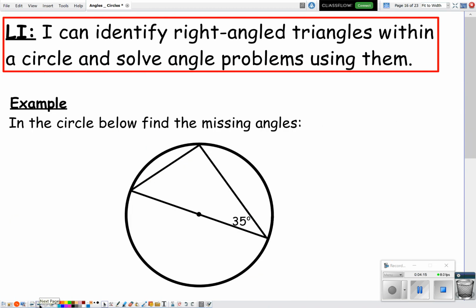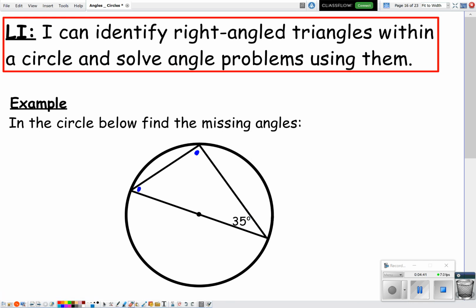Now, here's a fairly typical standard example. In the circle below, find the missing angles. Well, we've got two missing angles inside our triangle. We've got this one here, this one here. So we need to find these two. Now, you will always have to identify the right angled triangle for yourself.